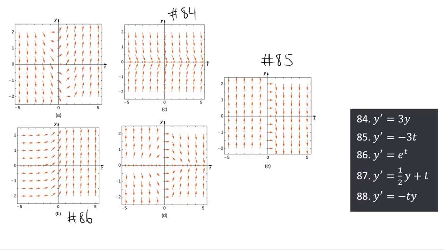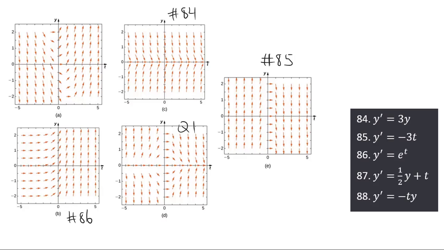So let's do the sign test with number 88. In quadrant one, t and y, not x and y, are both positive. I'm going to use choice D as the guinea pig.